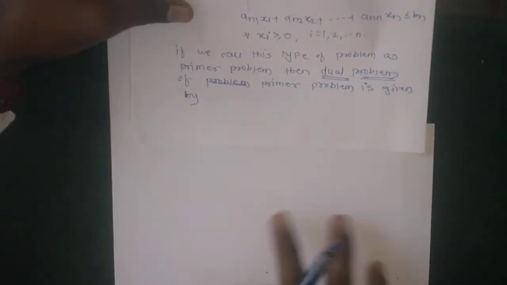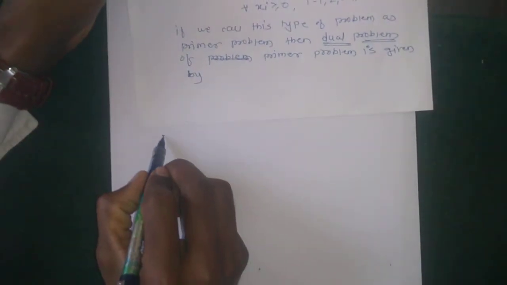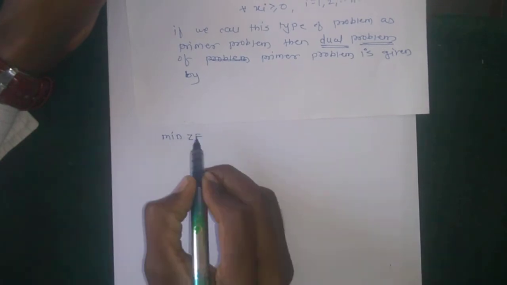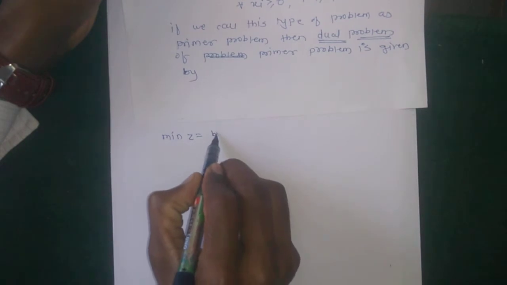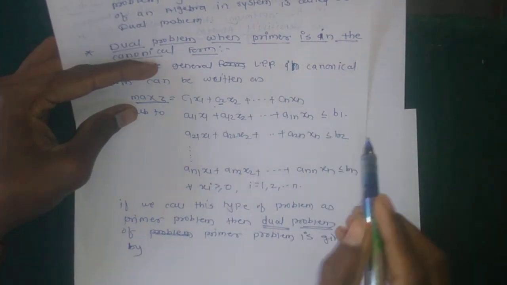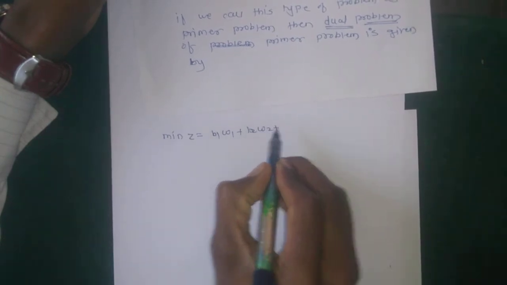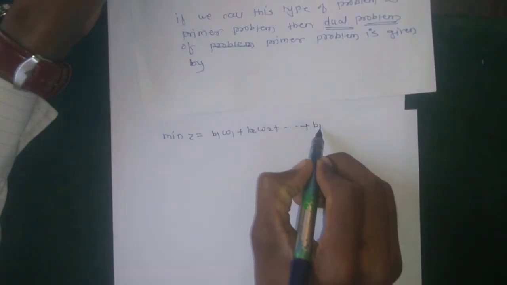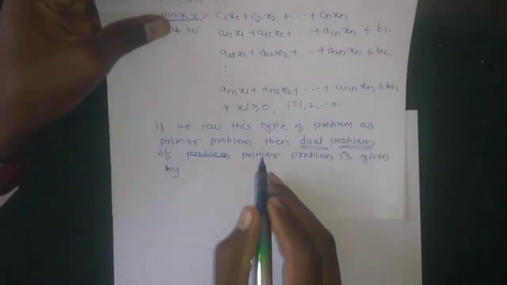So the dual problem is given as follows. The function is maximized type in the primal, so in the dual it is minimized. Minimize is equal to the RHS of the constraints, which are written in the objective function: b1 w1 plus b2 w2 plus so on bn wn, subject to the constraints.